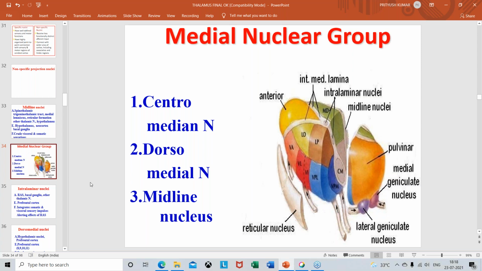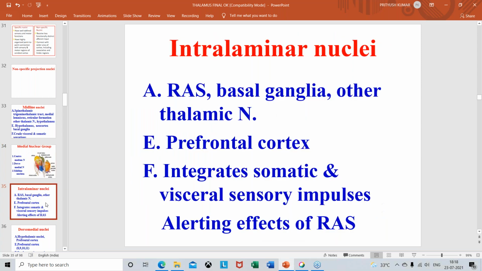So what is the function of these intralaminar nuclei? The afferents come from the reticular activating system, basal ganglia, and other thalamic nuclei. The efferents go to the prefrontal cortex, and they integrate somatic and visceral sensory impulses, and are important for the alerting effect of the reticular activating system.